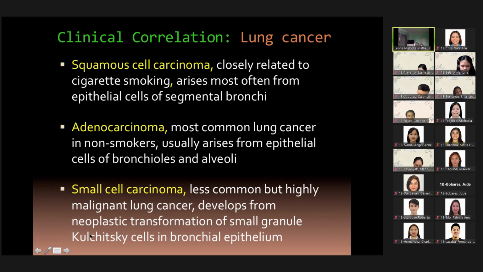So this is a population of cells that may actually transform into cancer. And then we can have it specifically noted here in the bronchial epithelium. Okay, so yan po ha. So these will be the things that you may find with regards to lung cancer. So these are all the things I'd like to tell you today.